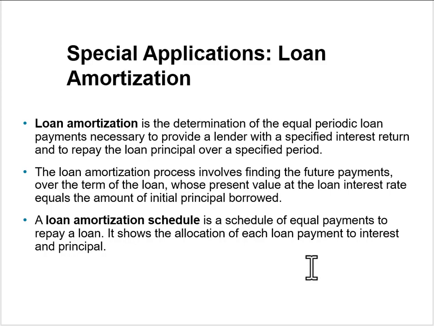Now, the principal of the loan is not written off. How the asset is written off is through depreciation that we've talked about in some other videos. So you can't write it off twice. So again, this amortization schedule is going to help us understand what the interest expense is.